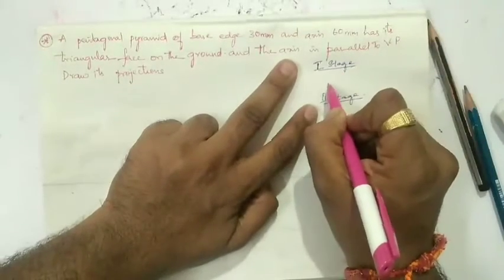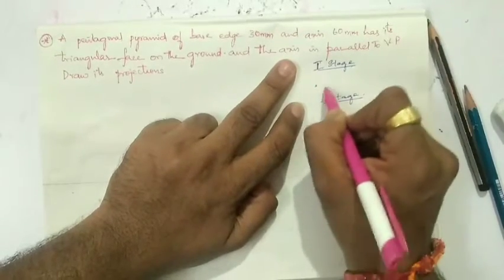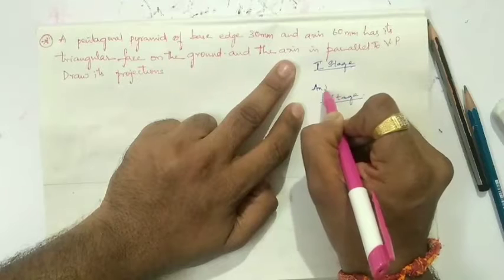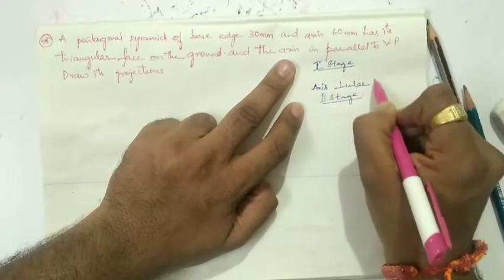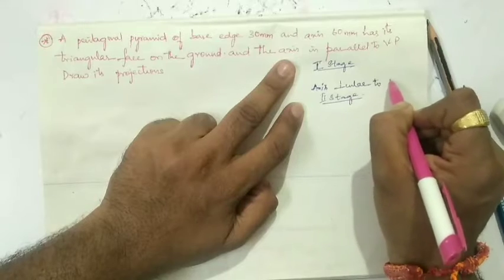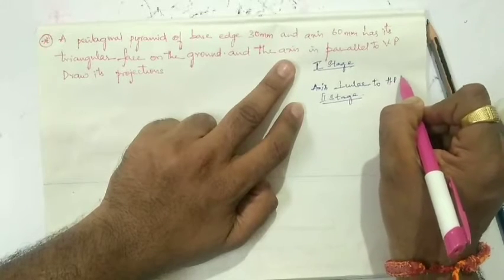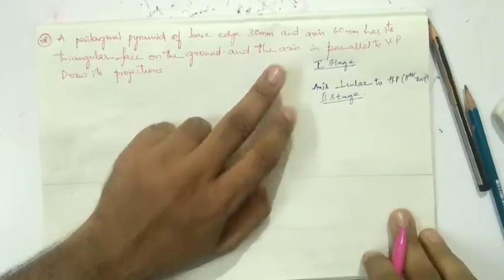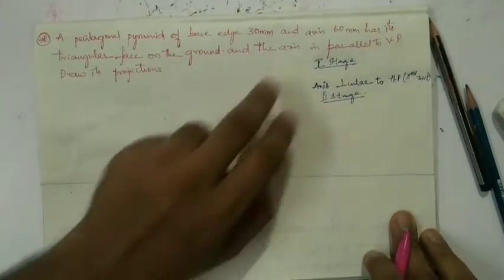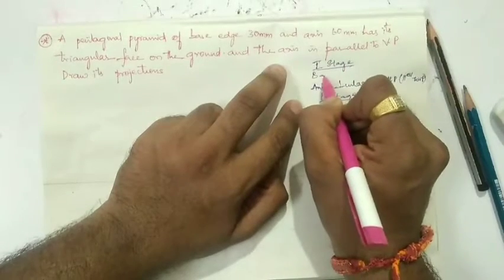Obviously, the axis is parallel to VP means you can write it as axis perpendicular to HP, which in turn is parallel to VP. That is what is being said here, and the base is on HP.